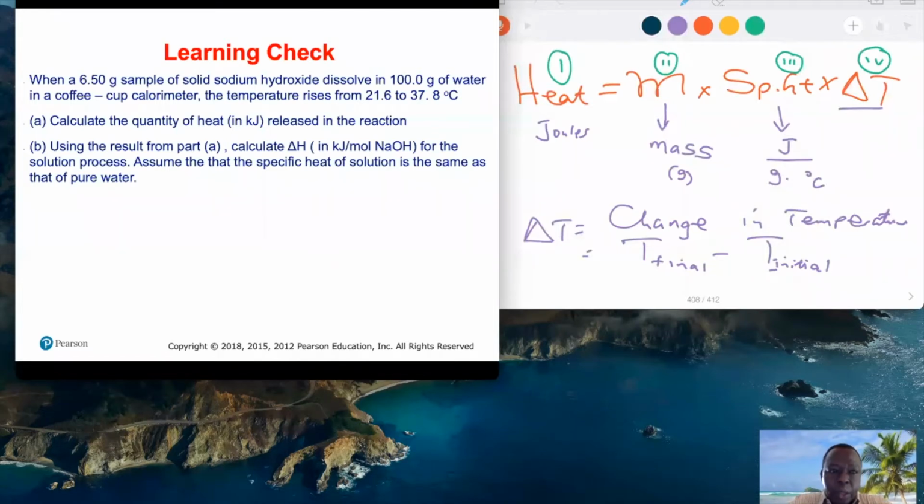Calculate the quantity of heat in kilojoules released in the reaction.